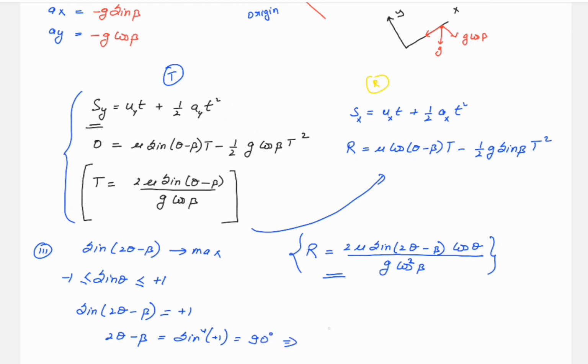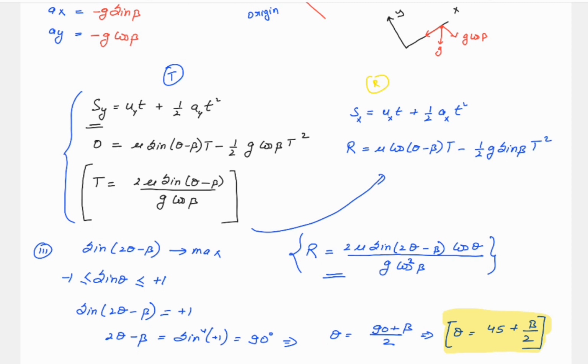It means the value of theta for which the range is going to be maximum is going to be 90 plus beta divided by 2, or you can write 45 plus beta by 2. It means if theta is going to be 45 plus beta by 2, the range is going to be maximum in the inclined plane when we are throwing up the inclined plane.